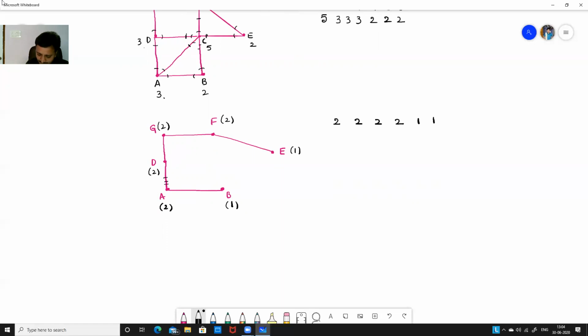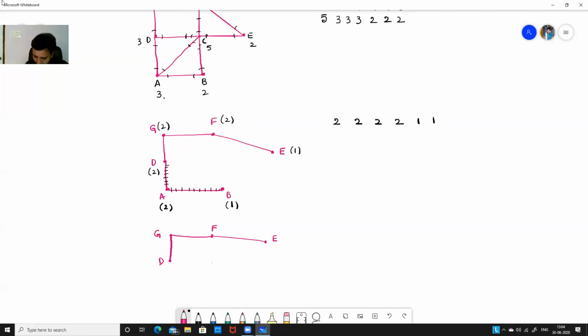If I remove this vertex A along with all its edges, what are the remaining vertices we have? We have D, and then G, F, and then E. So D to G we have an edge, G to F also we have an edge, and F to E also we have an edge.